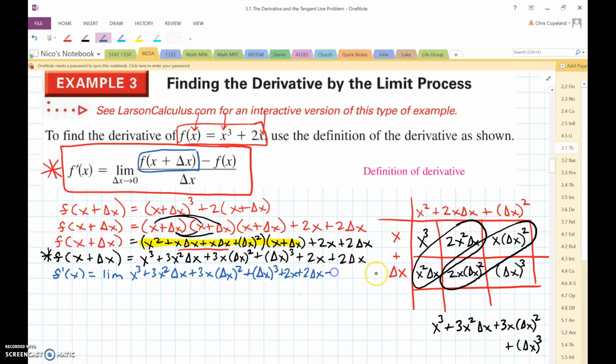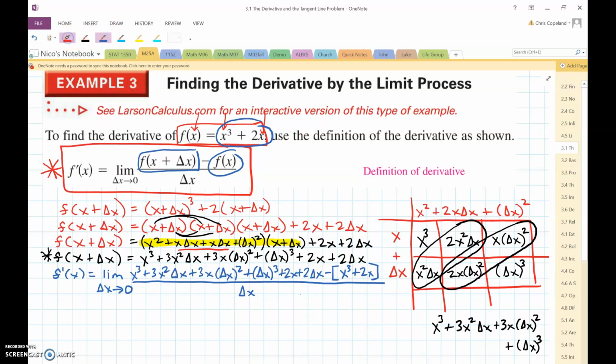And then I'm going to subtract from that f of x. f of x is right here. So that's going to be x cubed plus 2x. All of that is going to be divided by delta x as delta x goes to 0.